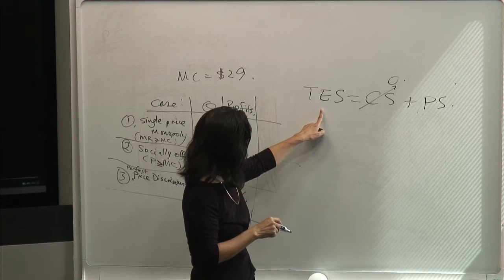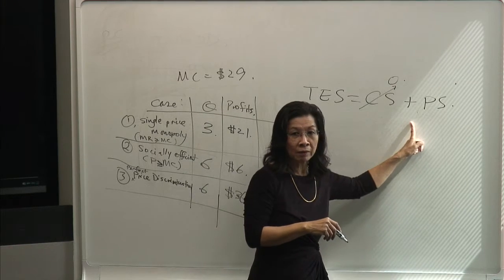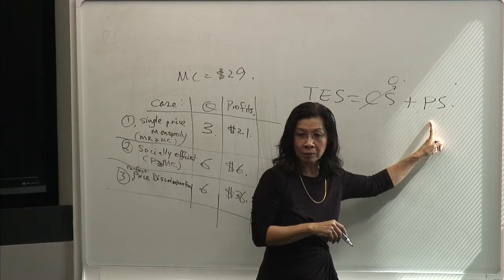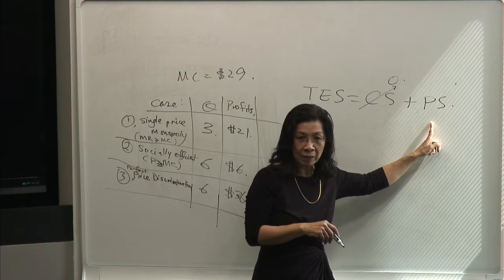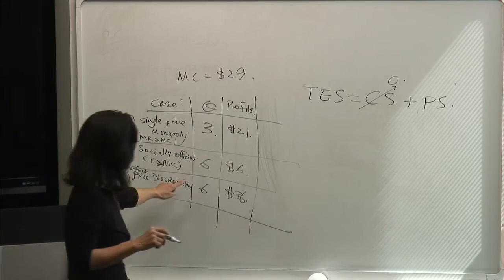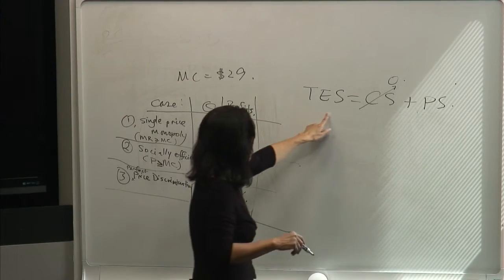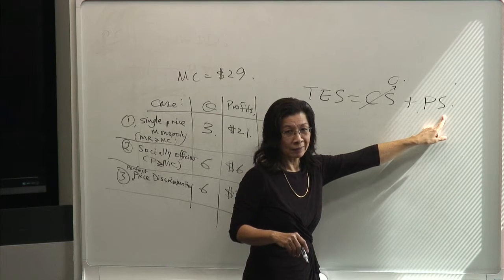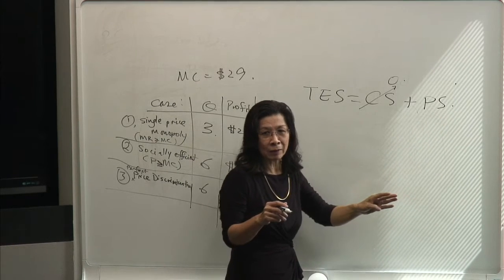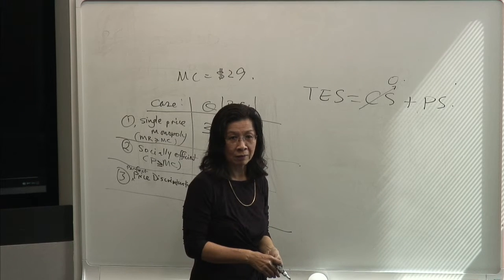And that means your total economic surplus consists of nothing but producer surplus. Wow. That's monopoly, who is able to practice perfect price discrimination. So all your total economic surplus consists of only your producer surplus.